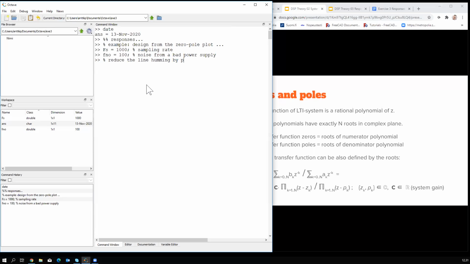putting a pole pair at the unit circle at omega equals 100. Oh, actually it's 2 times pi times 100 divided by 1000. That's the angle.